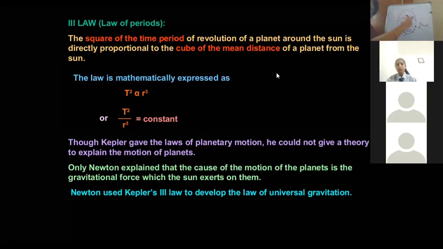But here it is not a perfect circle. So how do we find the value of this r? What we tend to do is find the mean of all.